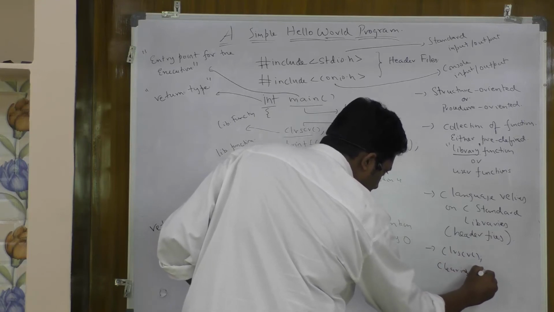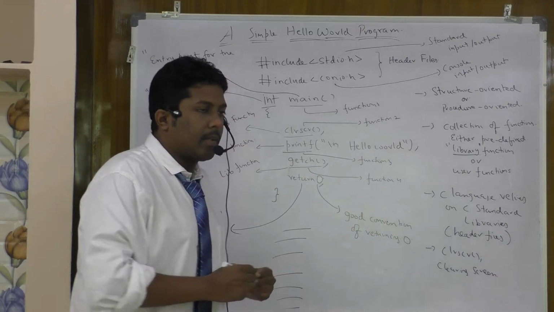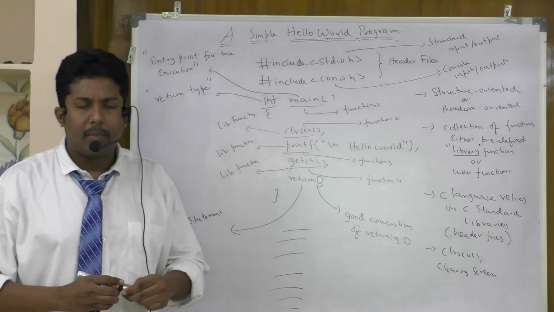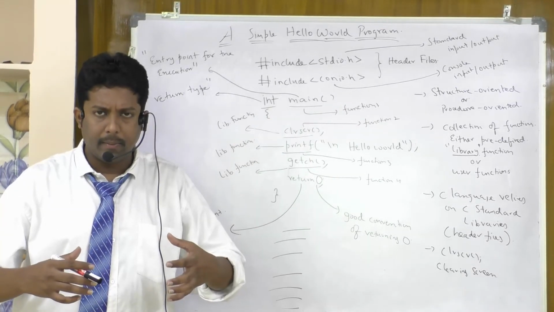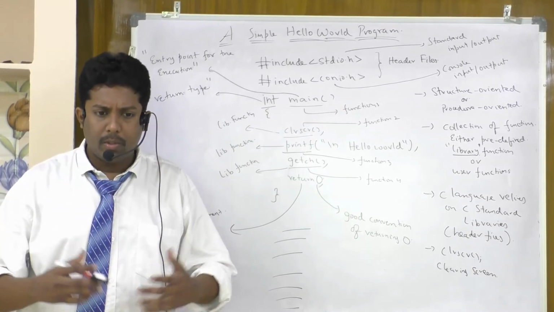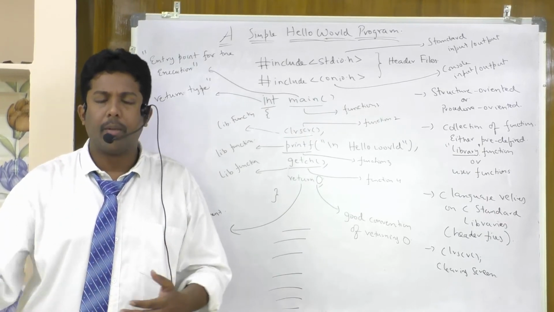If you are using modern compilers like Visual Studio or Dev C++, so many compilers and tools are there. A compiler is nothing but a software tool which takes your source program and converts it into machine code.